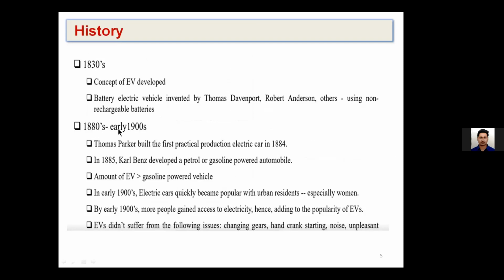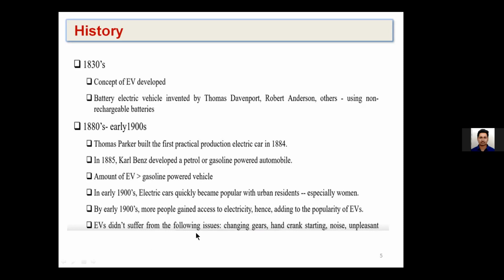During this particular period, IC engines also existed parallelly, but they were more costly when you compare with the EVs. Why? Because the fossil fuels were not readily available at that time. So that's the reason the number of electric vehicles was greater than gasoline-powered ones during that time.